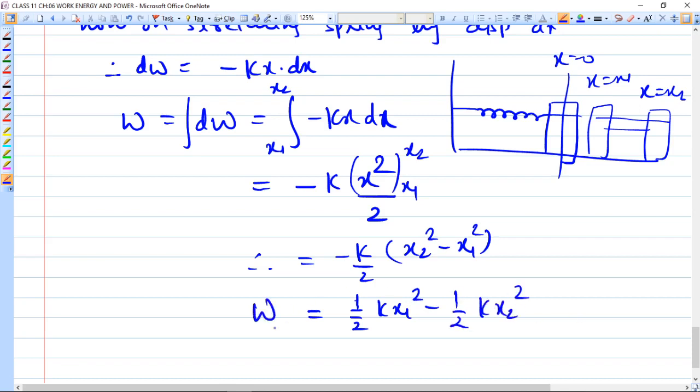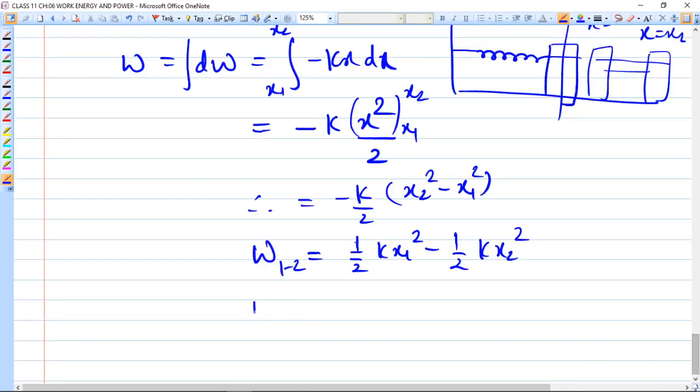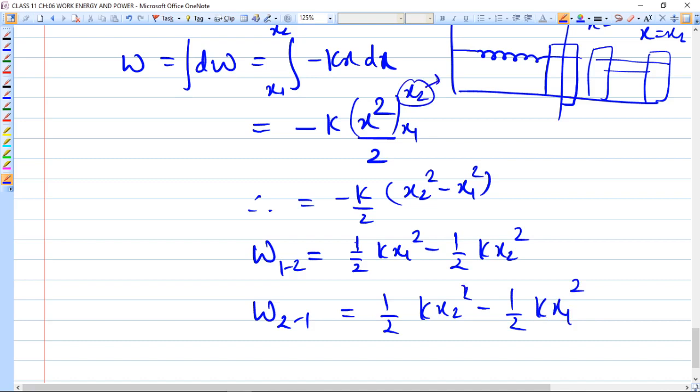Now, work done from 2 to 1 is nothing but half k x2 square minus half k x1 square. 2 to 1 means simply replace the limit x2 by x1 and x1 by x2, and you will get the answer.